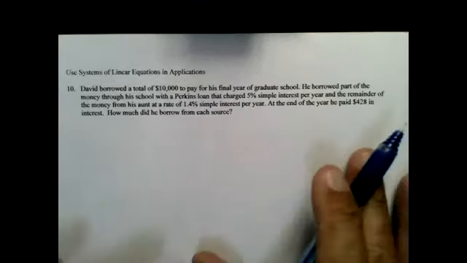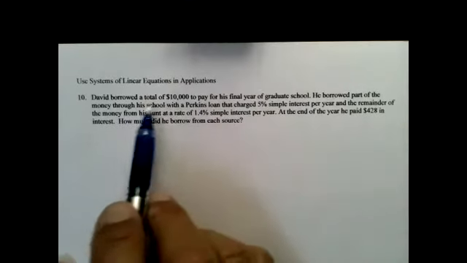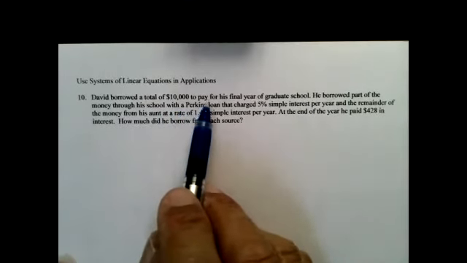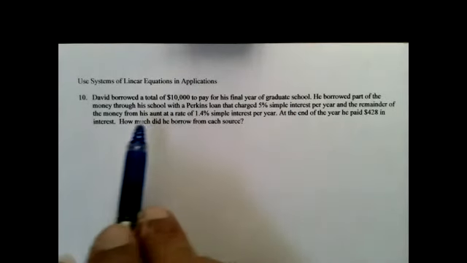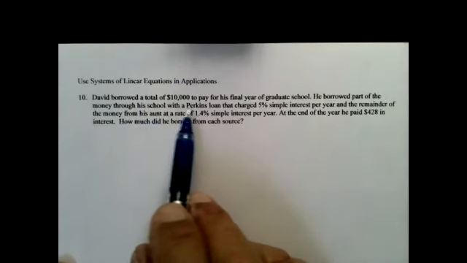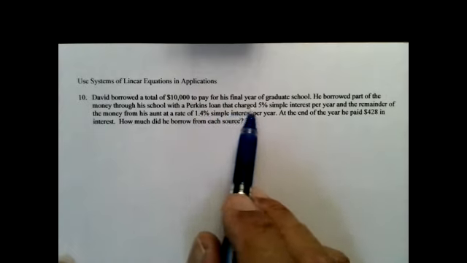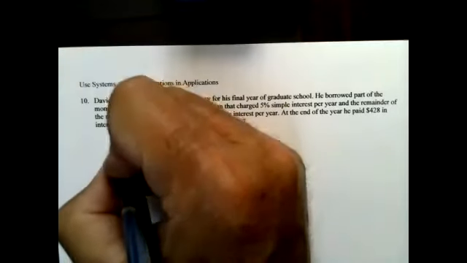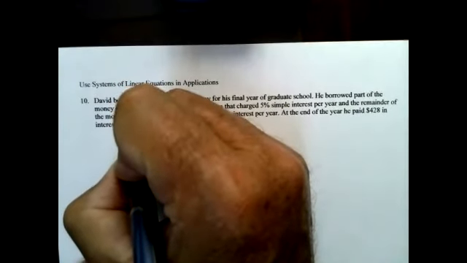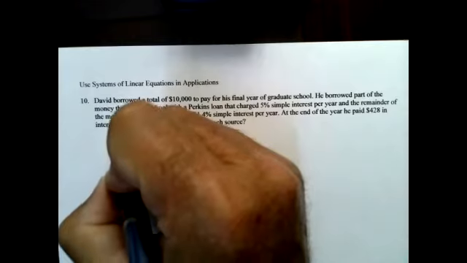Well, let's take a look at it. Maybe we can break it down. David borrowed a total of $10,000 to pay for his final year of grad school. He borrowed part of the money through his Perkins loan and the remainder of the money from his aunt.